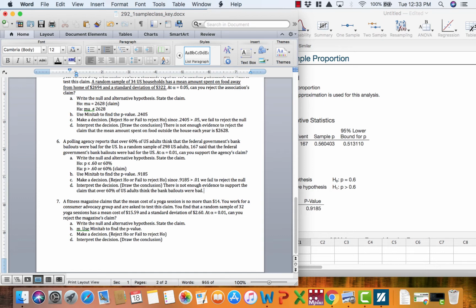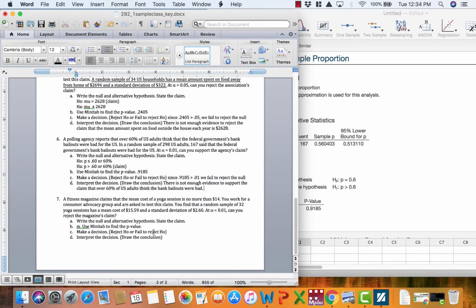Okay. So again, we use the support language because the claim here is the alternative. We fail to reject the null, so there's not enough evidence to support the claim. And what does that claim say? That over 60% of adults think the bailouts were bad.